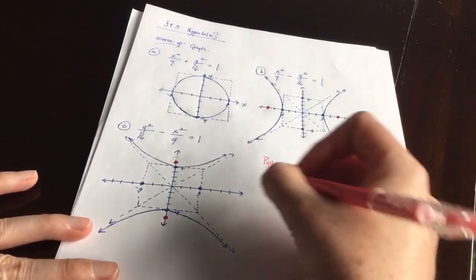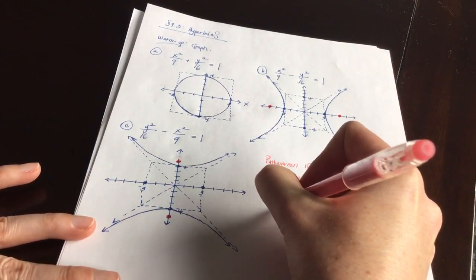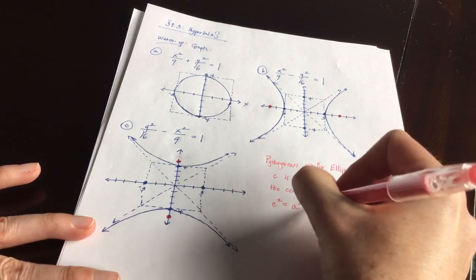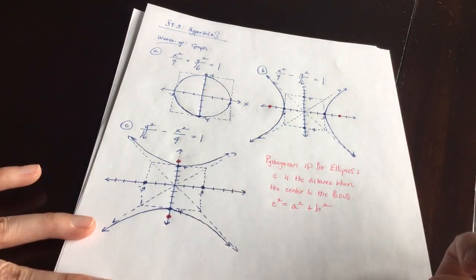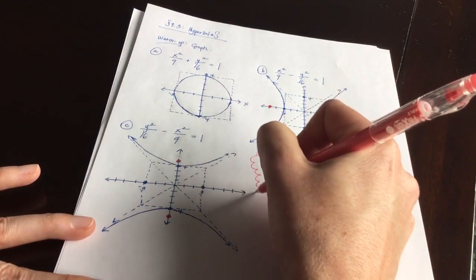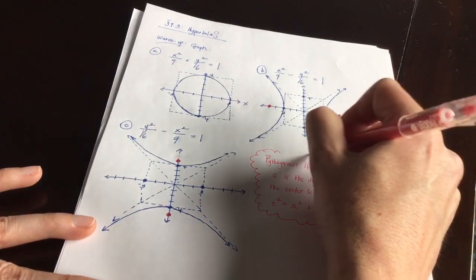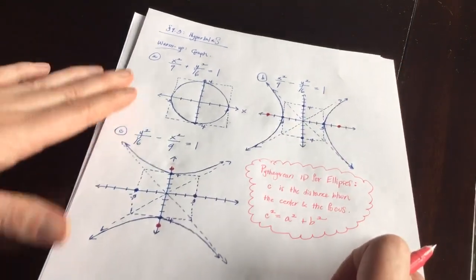So the Pythagorean identity for hyperbolas looks like the Pythagorean theorem, as it should be. Okay, so just a little bit of a crash course here.